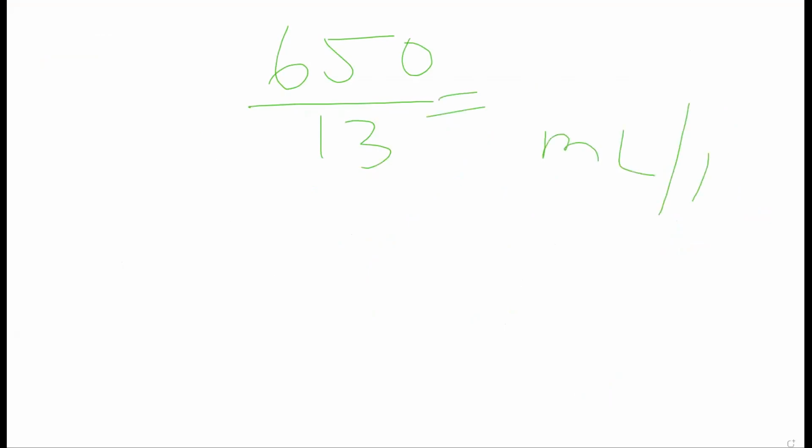For the first one, we take our 650 and divide it by 13. We're looking for mLs per hour. This is our mLs, this is our time. So 650 divided by 13 is 50.